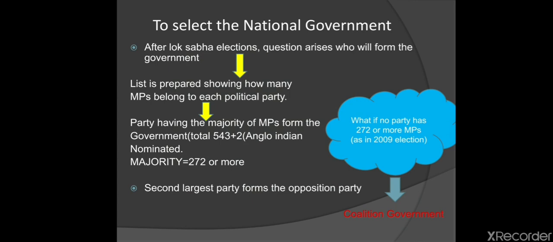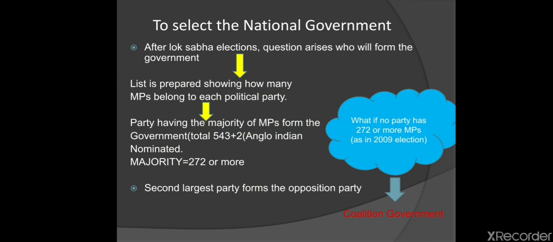So what happens after the Lok Sabha elections? The question arises: who will form the government? First of all, the Lok Sabha elections have taken place and one Member of Parliament is chosen from each constituency. Now the persons who have won from the different constituencies, a list is prepared showing how many MPs belong to each political party.